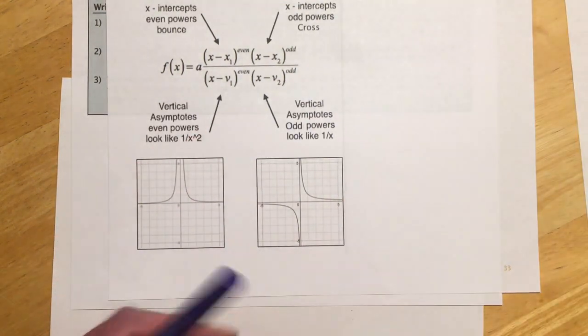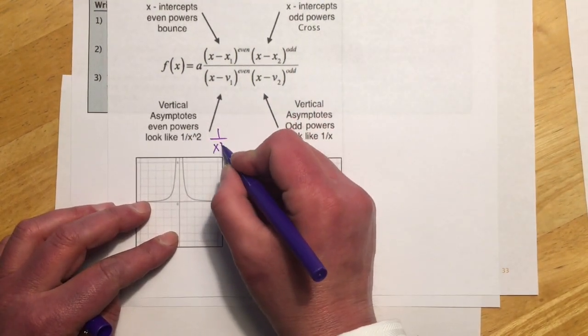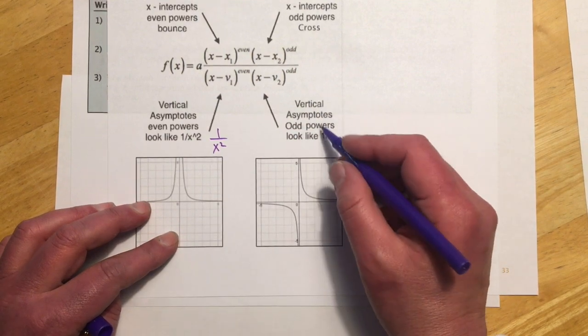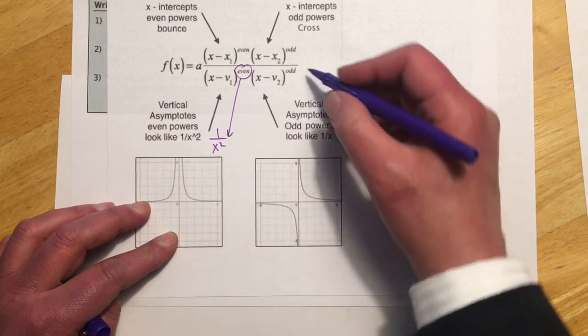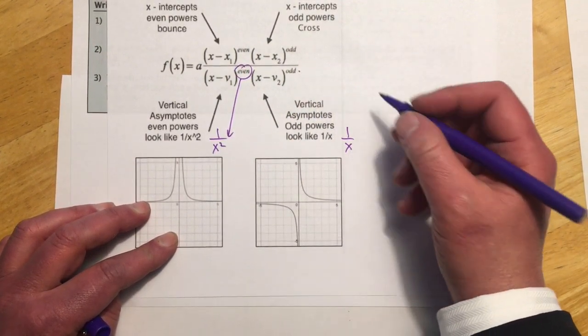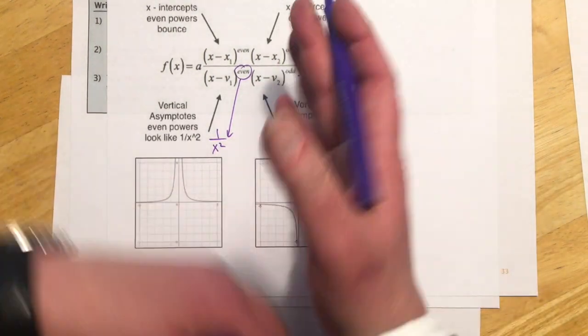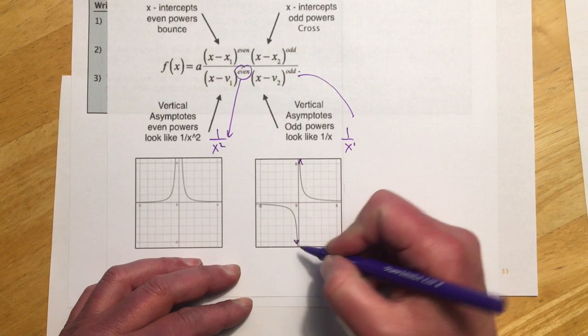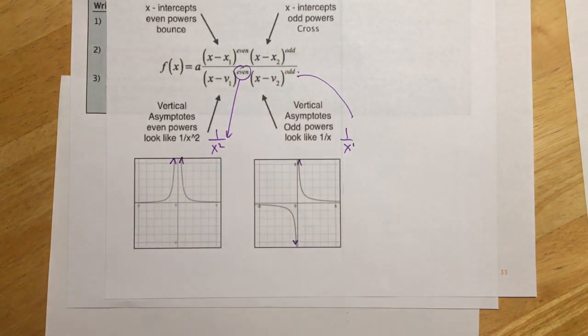For an odd power, it looks like 1 over x, because that's to the first. For odd powers, they go off in opposite directions. Even powers go off in the same direction.